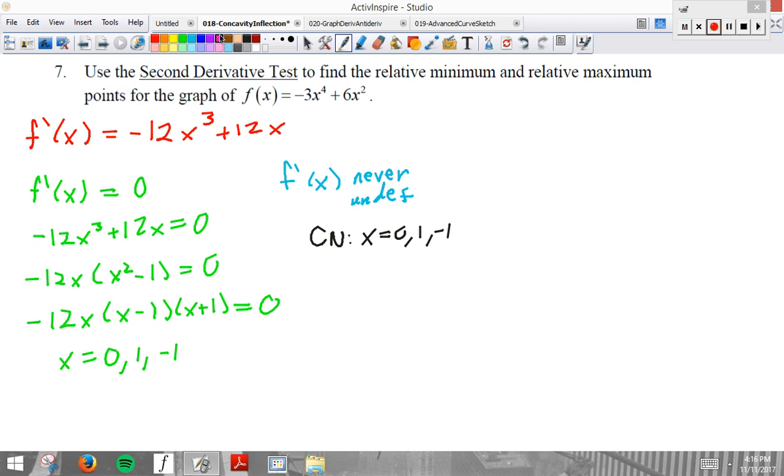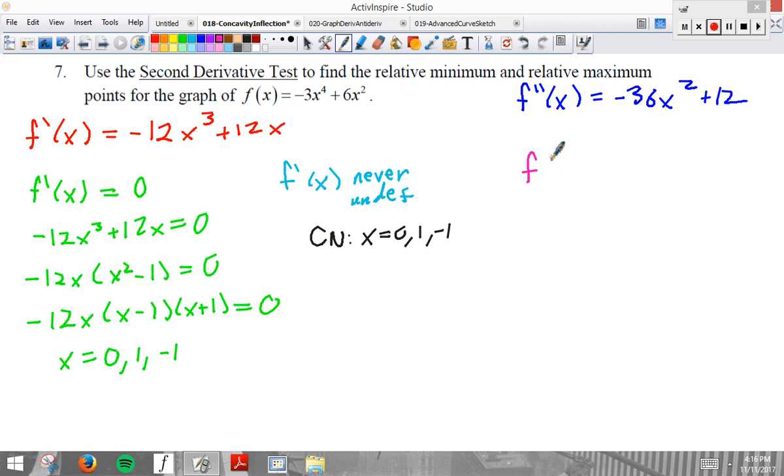So now that we found the first derivative and we found the critical numbers, we're going to have to look at the second derivative by taking the derivative of the first derivative. Looking at that equation, we're going to substitute or plug in these three critical numbers.